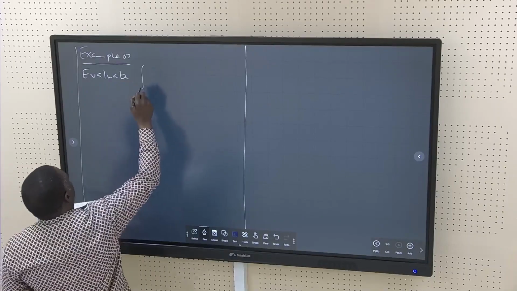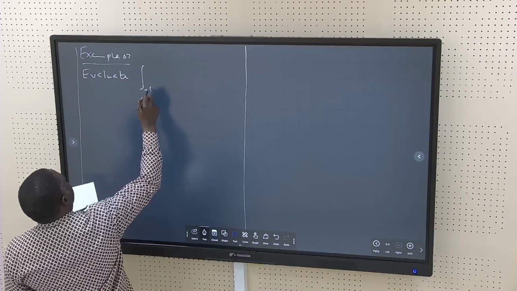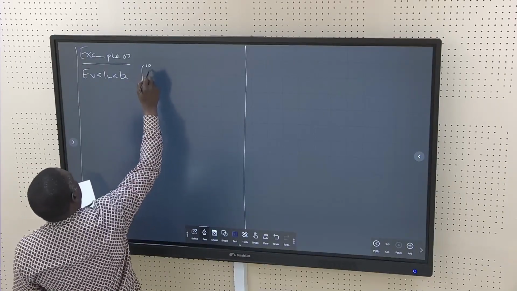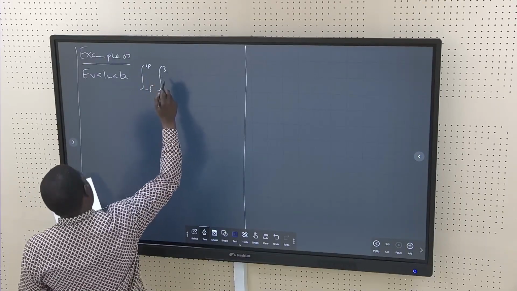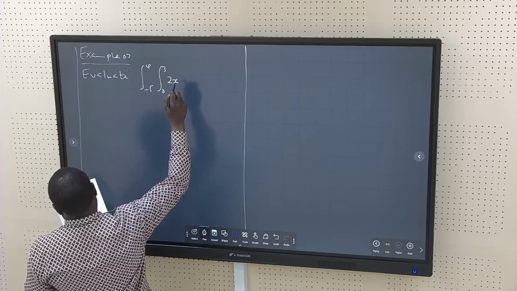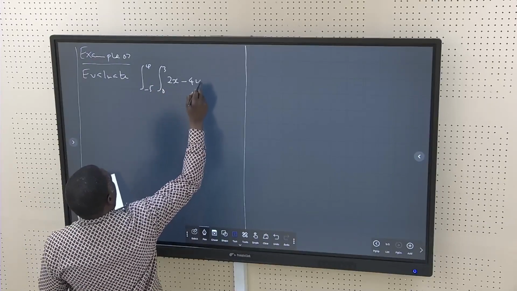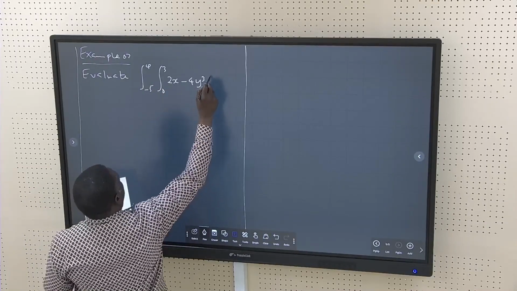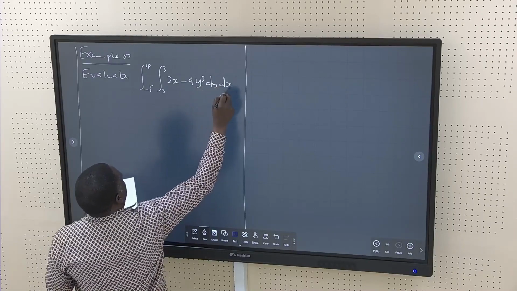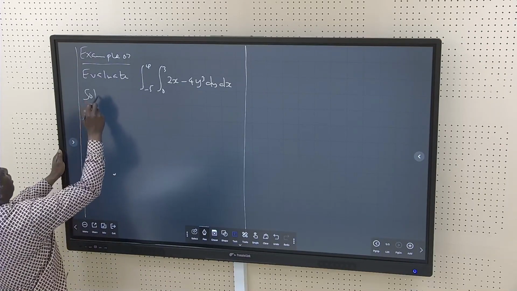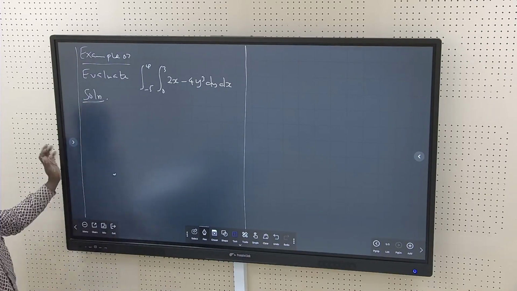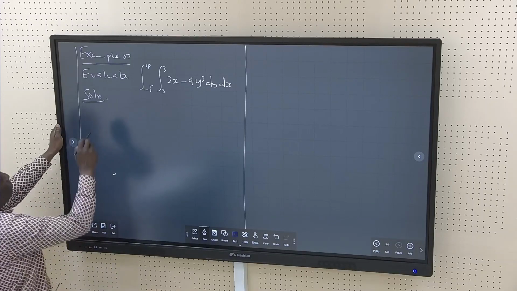Evaluate the integral from -5 to 4 and the integral from 0 to 3 of (2x minus 4y³) dy dx. This is a little bit tricky. So let us see how we can deal with this one.